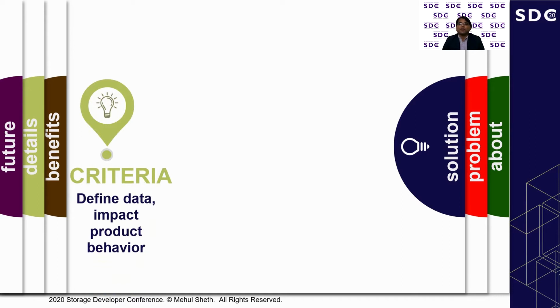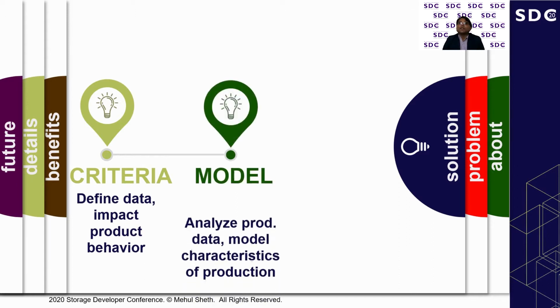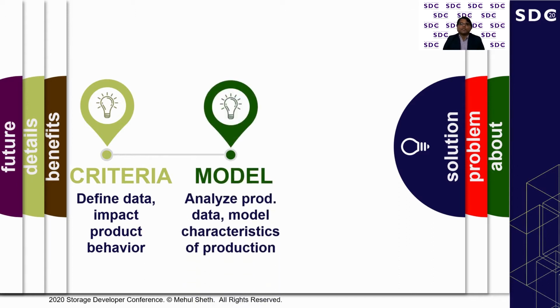That is the criteria which we need to study. Example, size of the files being backed up, name and the type of the file, where the file is placed in the entire file system, etc. Then we analyzed the production data and created a model based on the criteria we defined earlier.